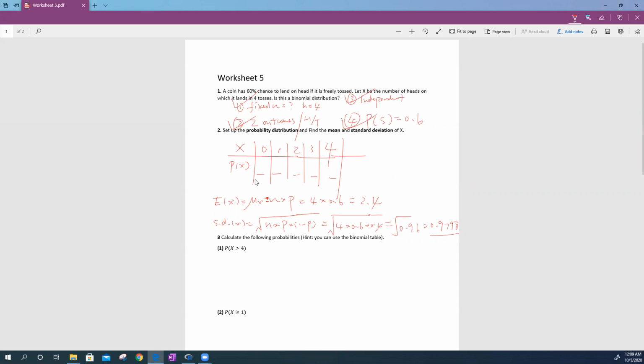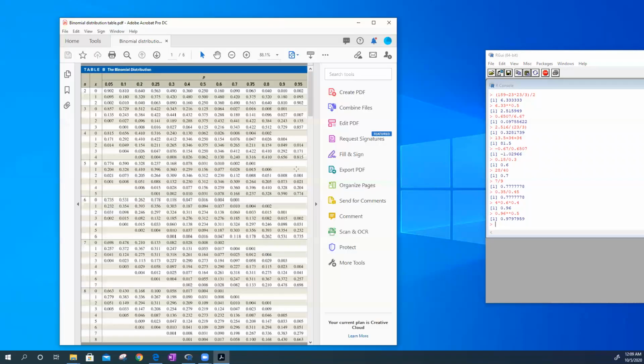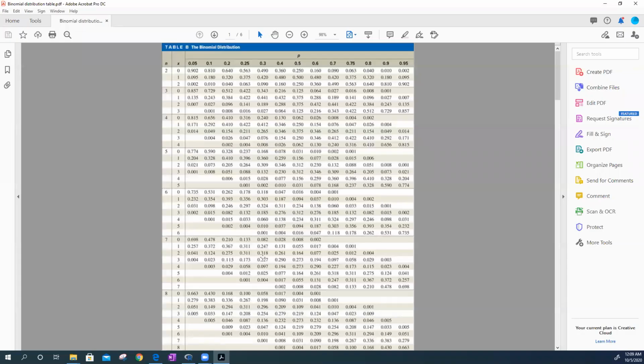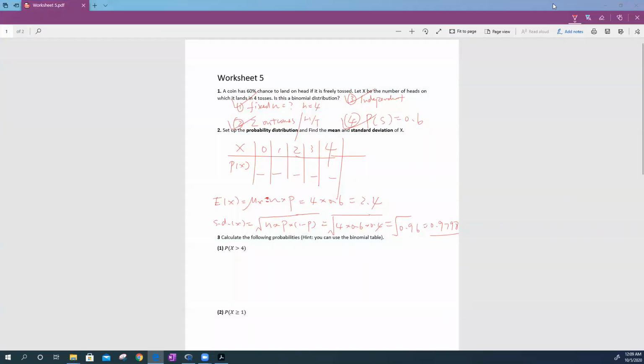And for those probabilities, we can just look at the binomial table. So this is the table, and we need to have n equals 4, and probability is 0.6. And this block is the probability distribution for our example here.